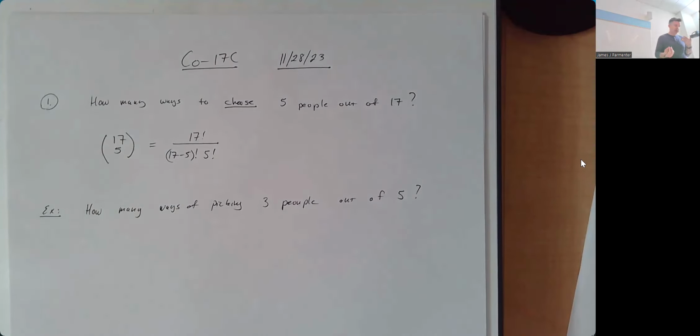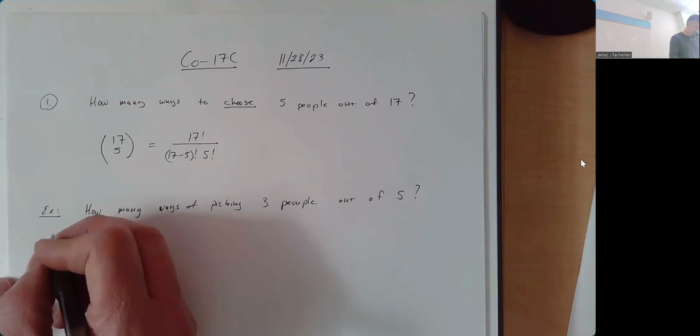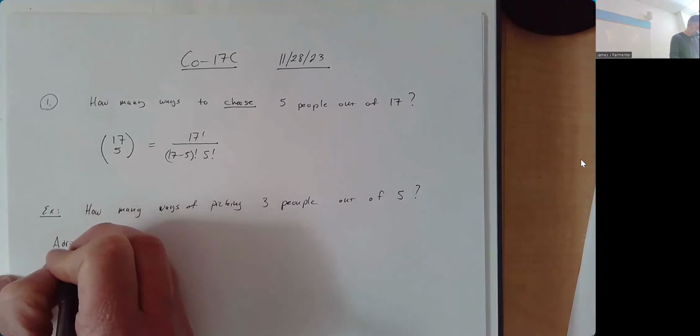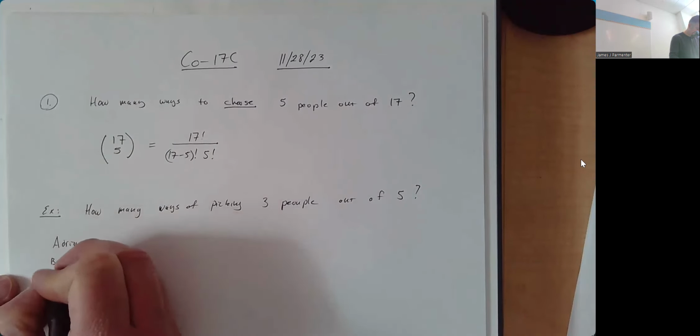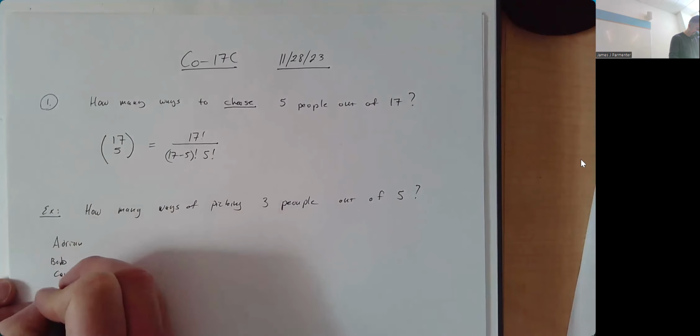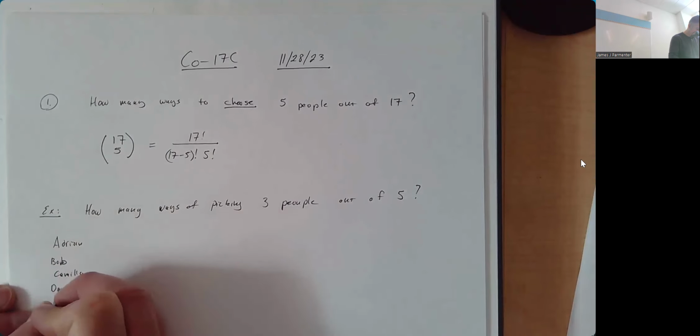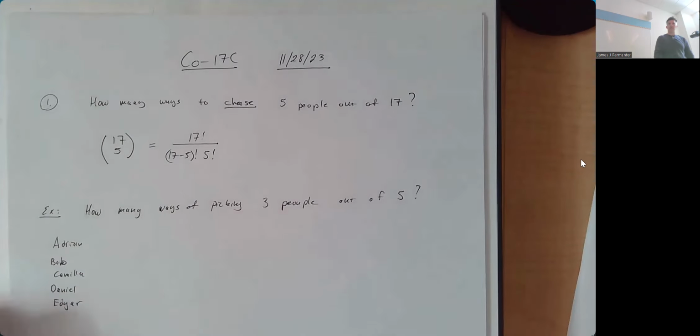So let's think about this. Let's say we have 5 people, and let's say their names are Adrian, Bob, Camilla, Daniel, and Edgar. For obvious reasons, their names start with A, B, C, D, and E. So let's say we want to pick 3 people.